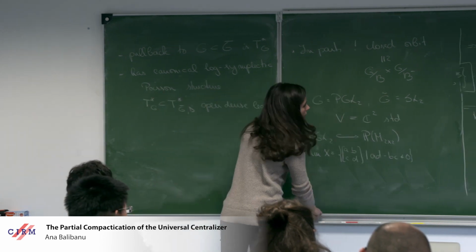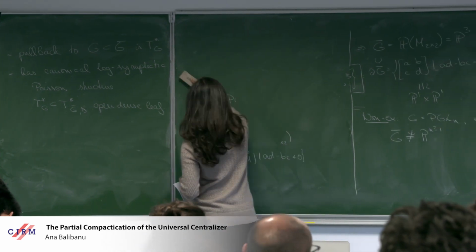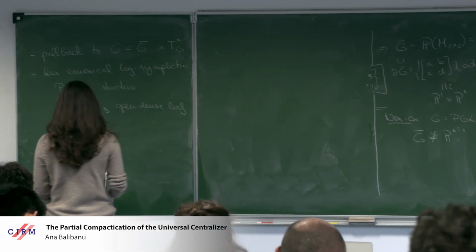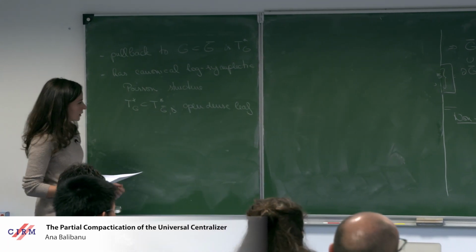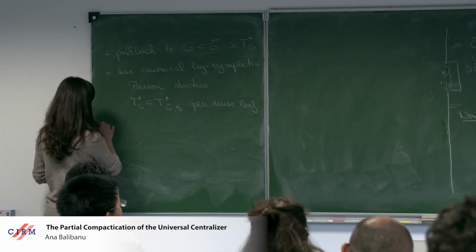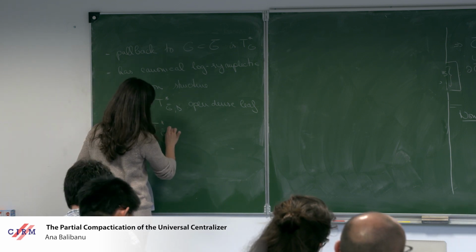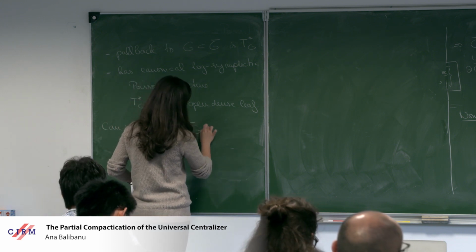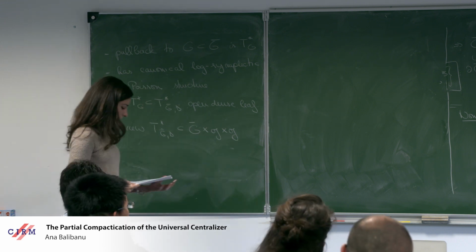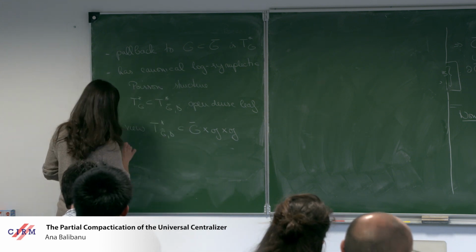So let me say very quickly that there's a good explicit way of thinking about this log cotangent bundle, which is the following. We can view this bundle as a subbundle of the trivial G cross G bundle on the wonderful compactification in the following sense.